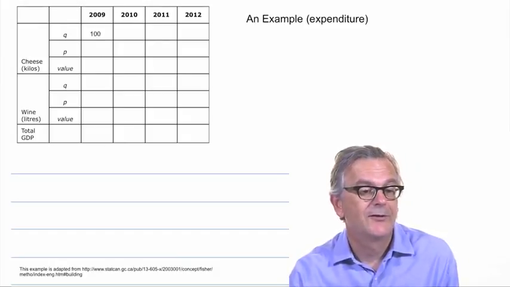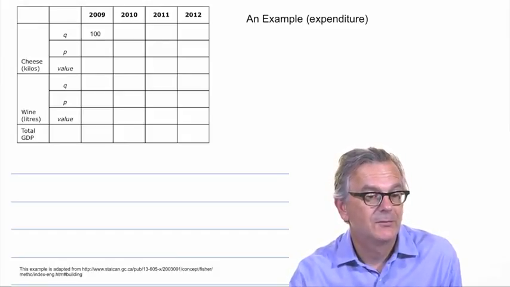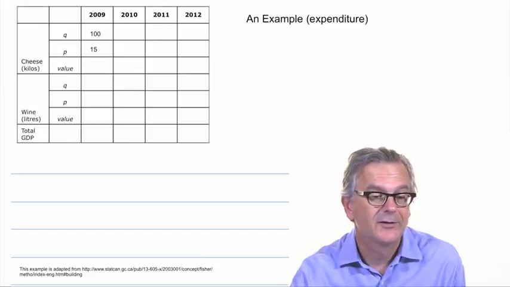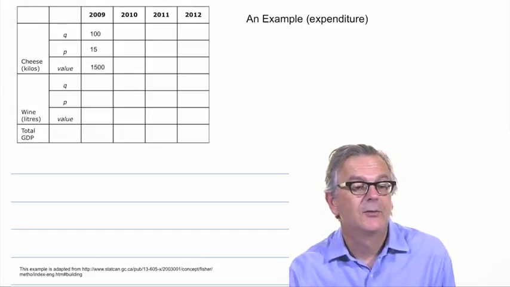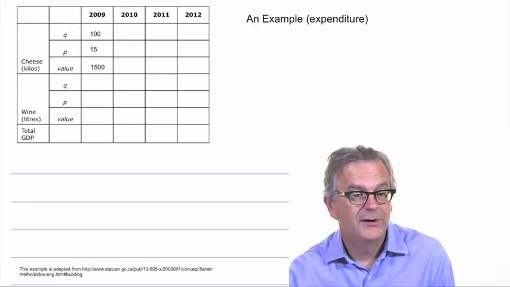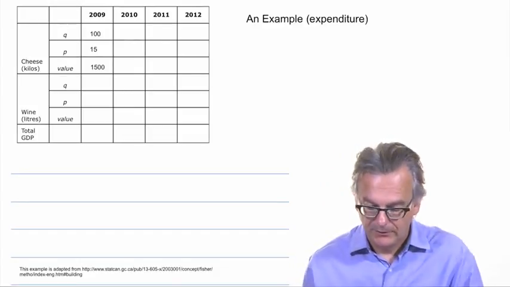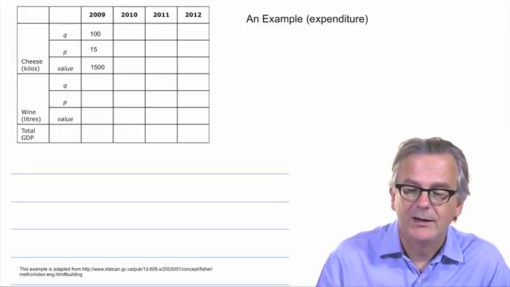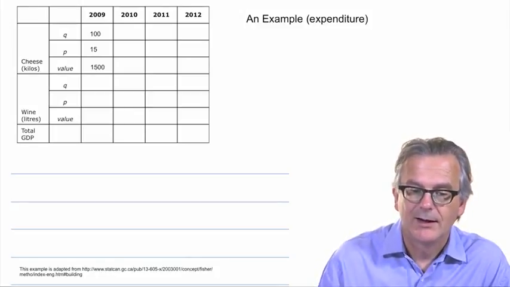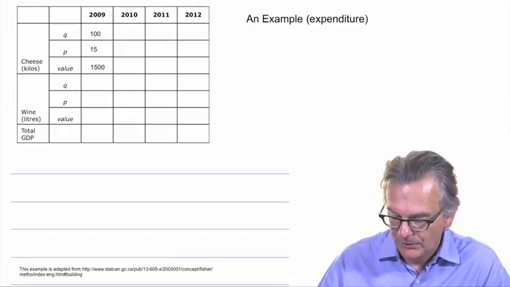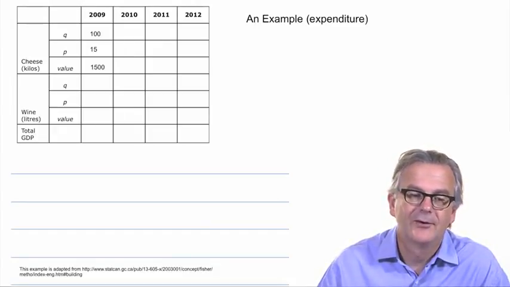We'll suppose there are 100 kilos of cheese produced in 2009. The price is 15. The value is simply price times quantity. Now, I'm going to introduce a little bit of terminology here. When I make a calculation like that, I'm talking about what is known as the current value.